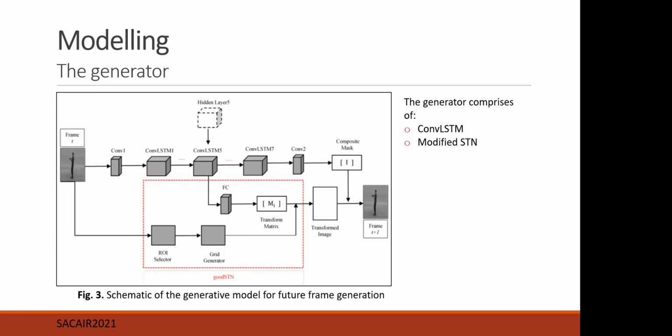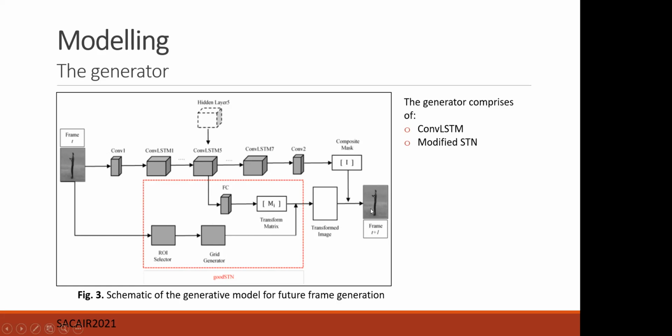And further, the STN was modified such that it only calculated transformations for the region of interest. So the convolutional LSTM layers, there were 7 of those. The output of layer 5 was input into the good STN, which calculated transformations for different aspects of the frame. And thereafter, these aspects were merged to produce a single future frame.